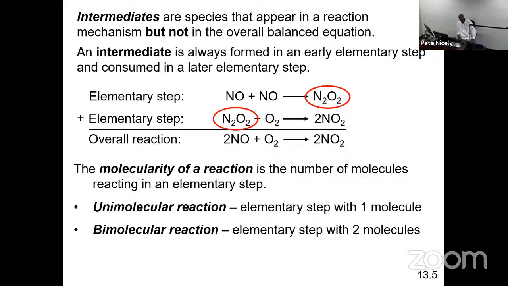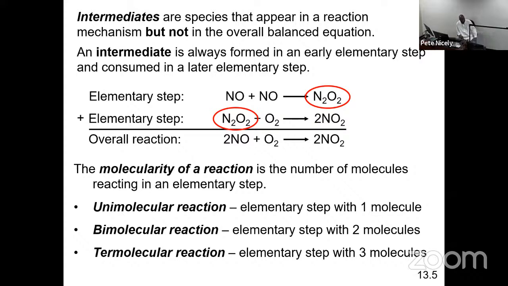Now, most, if not all, steps in any mechanism would either be unimolecular or bimolecular. There may be, I don't know of any, situations where you have three molecules simultaneously colliding, and that would be, at least in theory, a termolecular reaction. Now, as you can imagine, that is highly unlikely. If you think of molecules moving around randomly, it is highly unlikely that you have three molecules colliding at the same time, and then a reaction takes place.